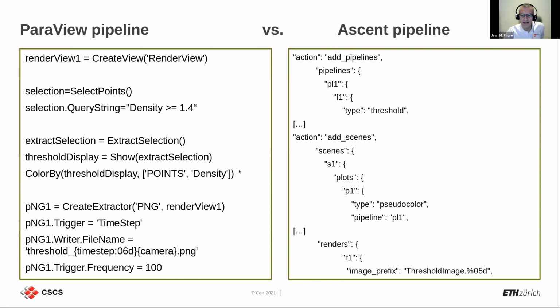I can compare that to the definition of the Ascent pipeline on the right side of my screen, with a threshold definition for the pipeline, a scene definition which takes into account, I'm sorry, right here, the pipeline PL1, and then a render definition which takes a particular image prefix.